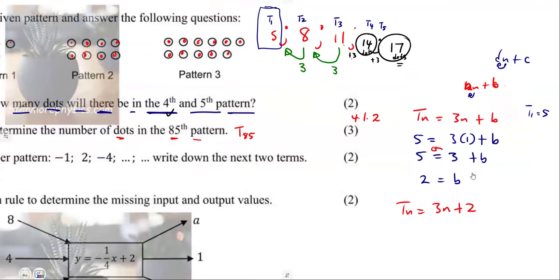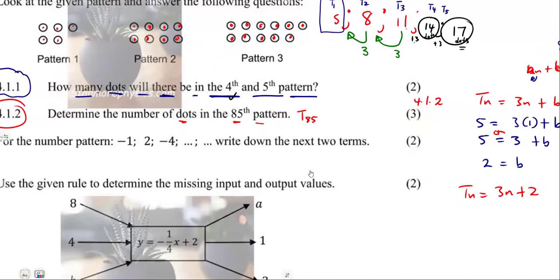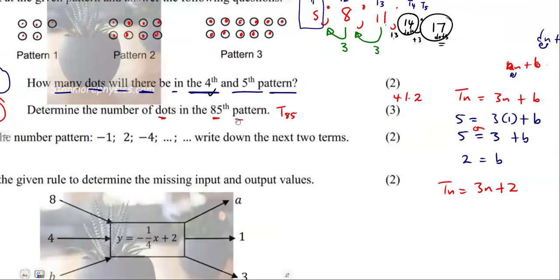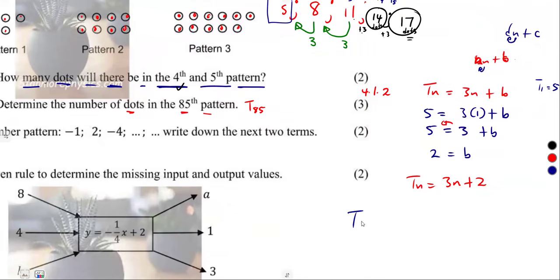This represents the general formula for the number of dots. What about in the 85th pattern? The value of n is 85. So T85 is equal to, in place of n, you're going to put 85 there, plus 2.